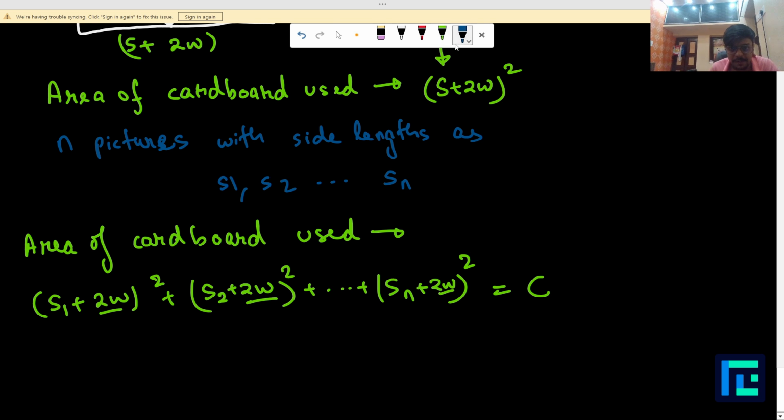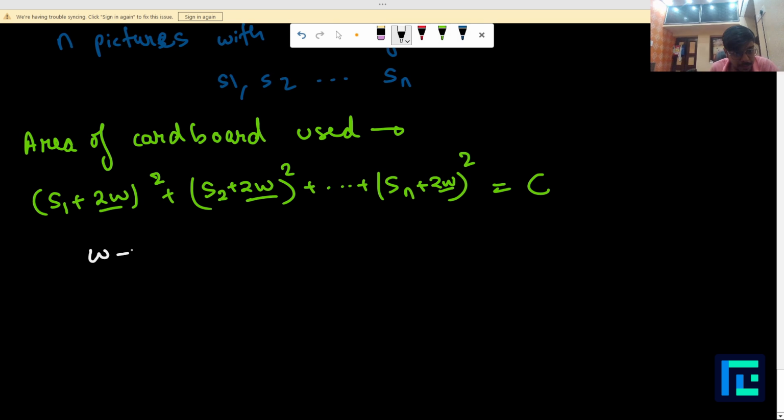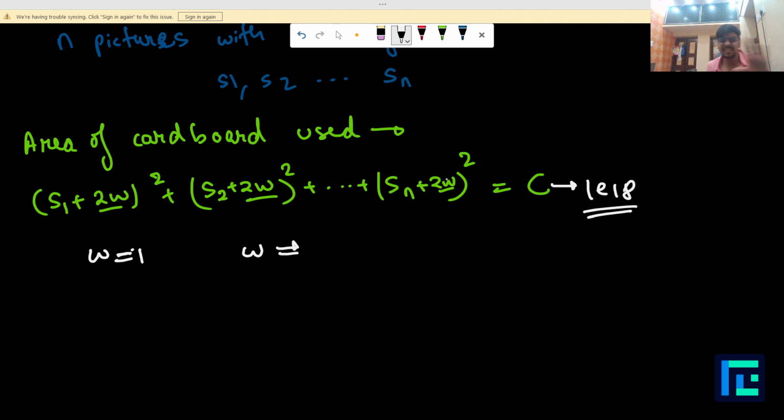Now how can we actually find this W? One method is that we know that the minimum value of W is 1, right? The minimum value of W is 1. What can be the maximum value of W? If I just try to keep some upper bound, what can the maximum value of W be? So if you look at one thing, you are given that the maximum value of C is 1E18. C is of the range of 1E18, it is already given to you. So can I say that my W will be lesser than 1E9, right?